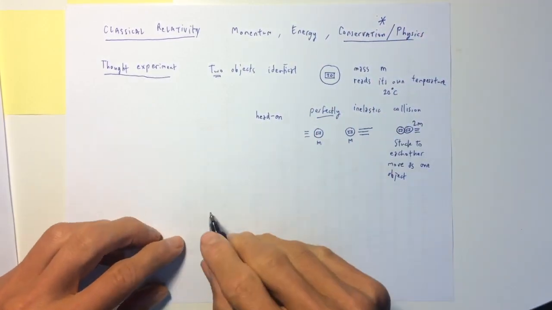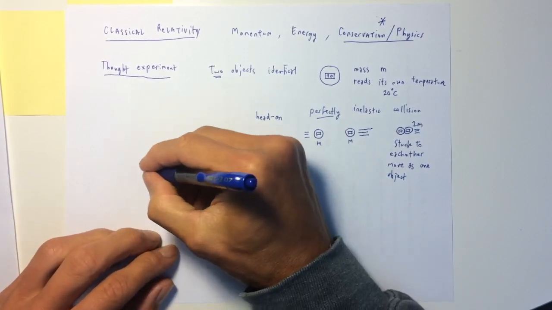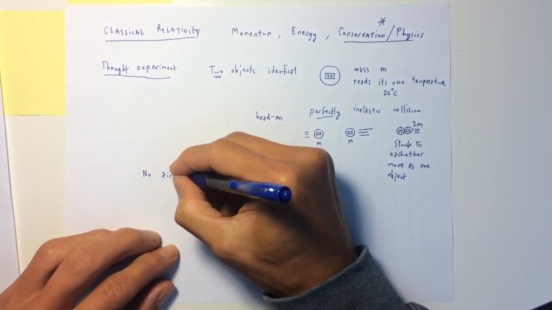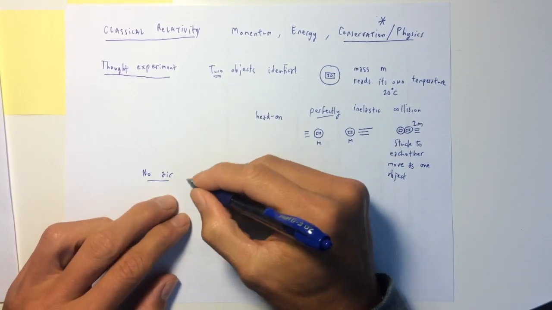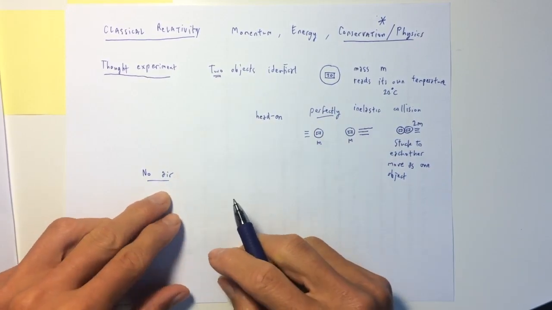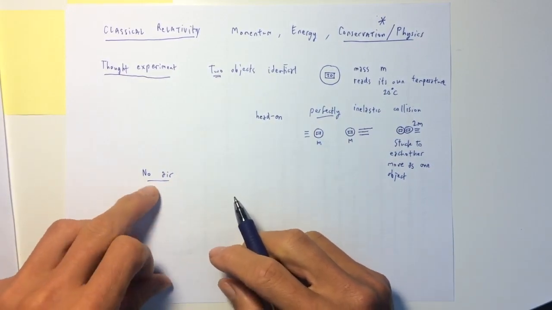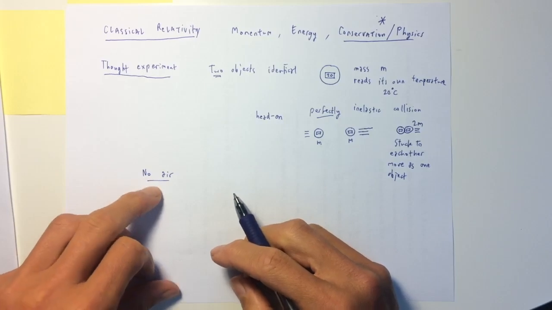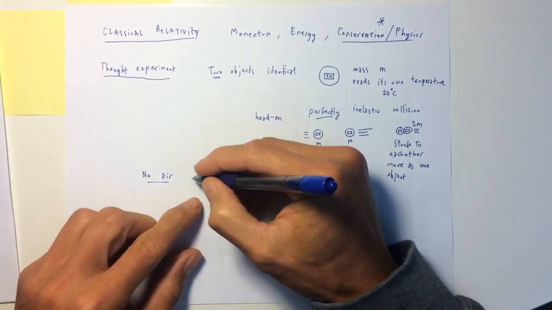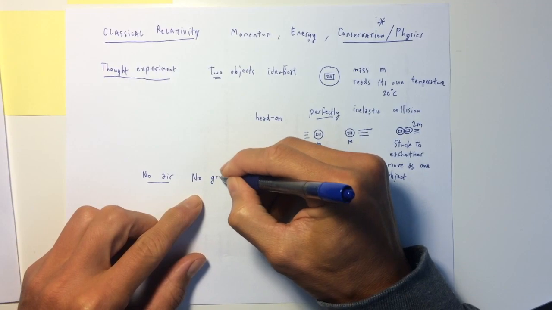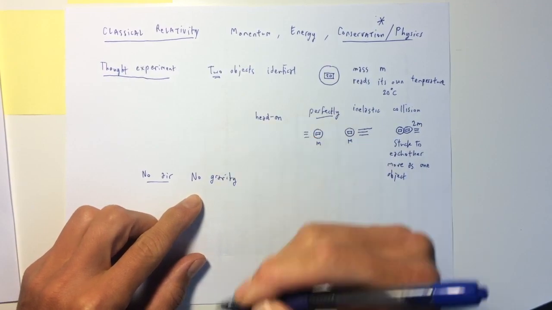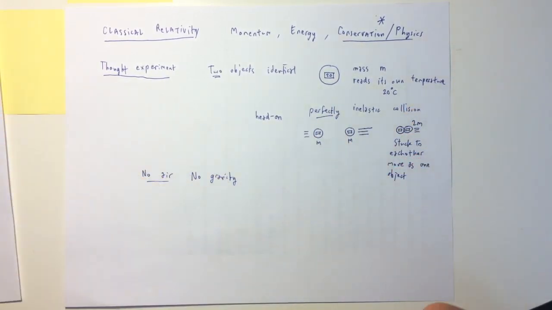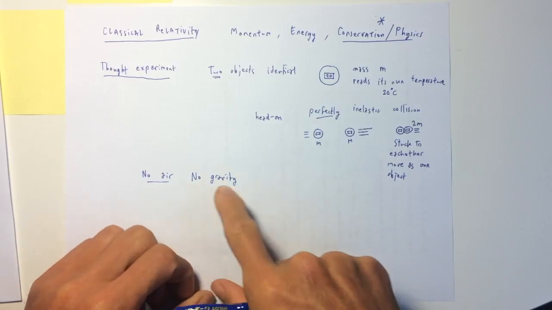Another thing is there is no air, so no air resistance, no air friction, that kind of thing. And also, no gravity. Let's say that they're not falling as they hit each other.